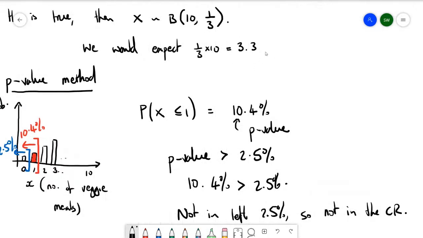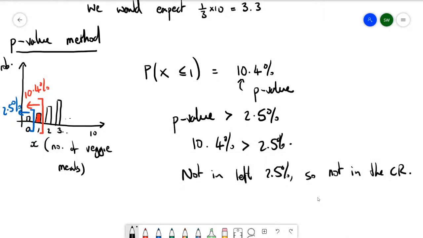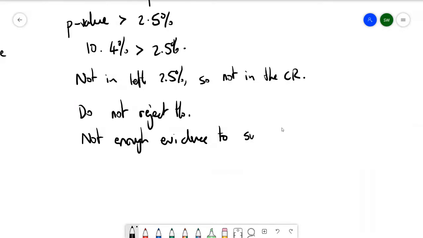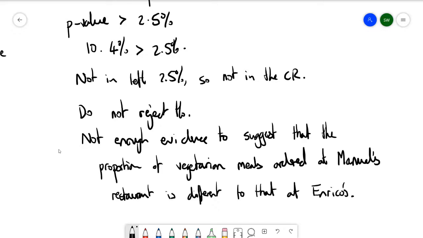It basically wasn't significantly less than 3.3. So we're not going to reject H0. So do not reject H0. And we're going to say there's not enough evidence to suggest that the proportion of vegetarian meals ordered at Manuel's restaurant is different to that at Enrico's restaurant.